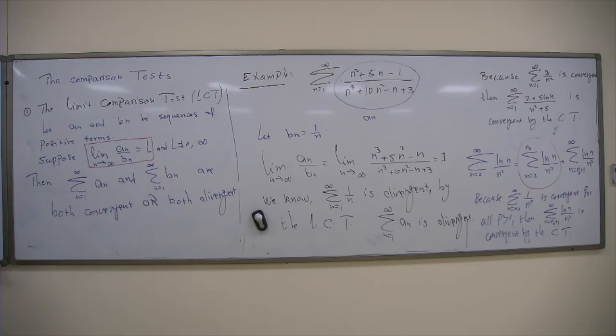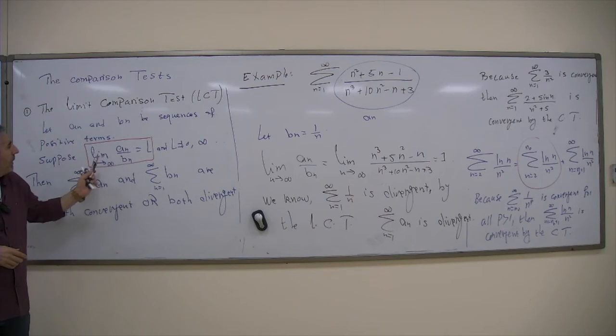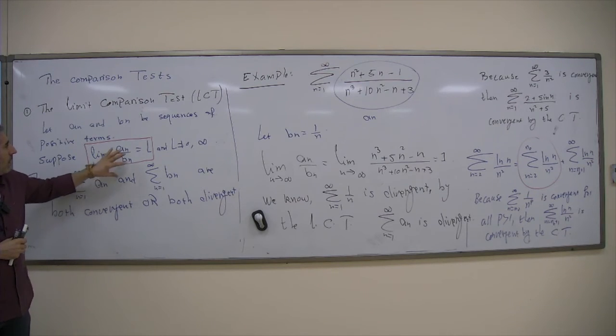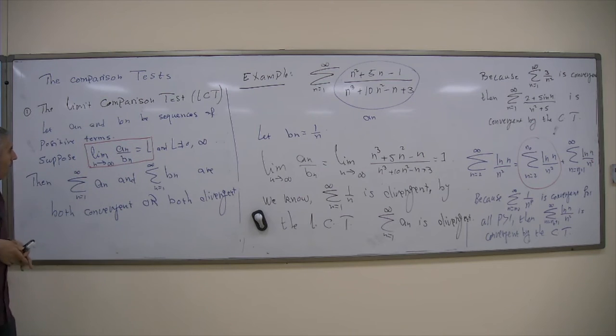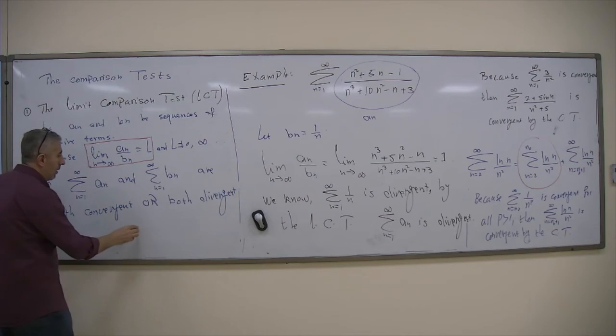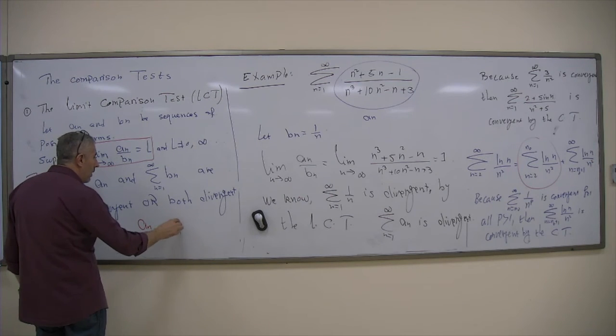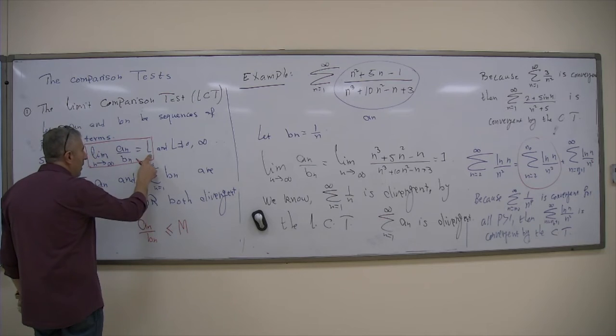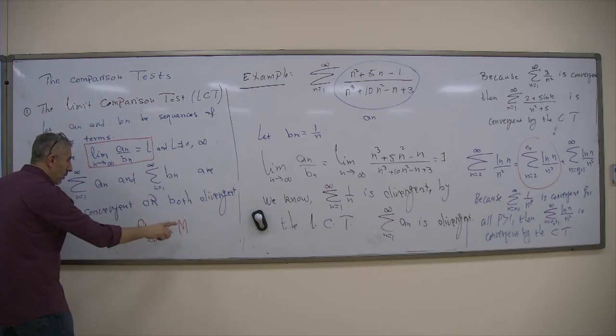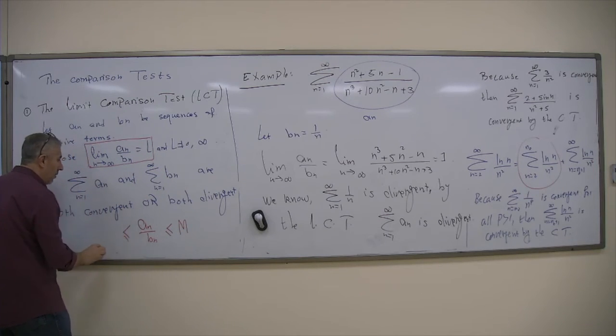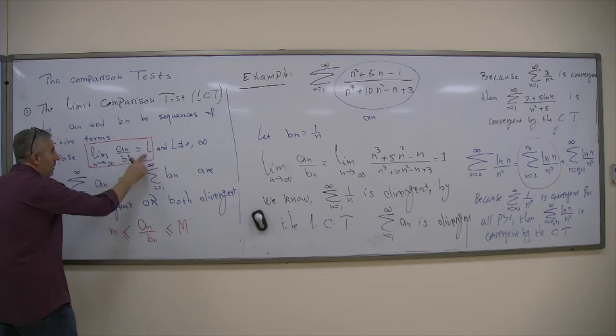When you think about this limit, the limit of a_n over b_n as n goes to infinity equals L, it means when n is very large, a_n over b_n is smaller than or equal to a number that is larger than L, call it M, and larger than or equal to a number that is smaller than L, call it m.